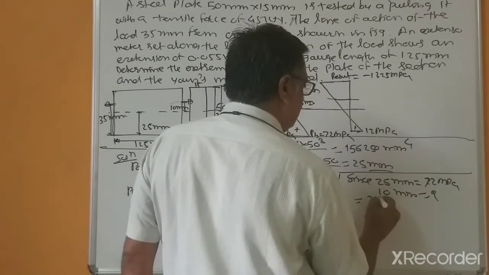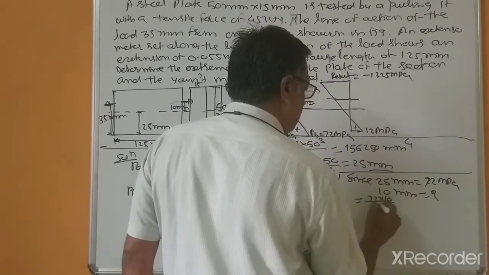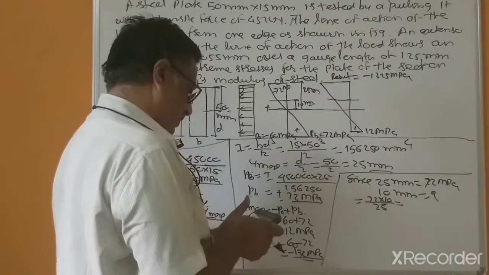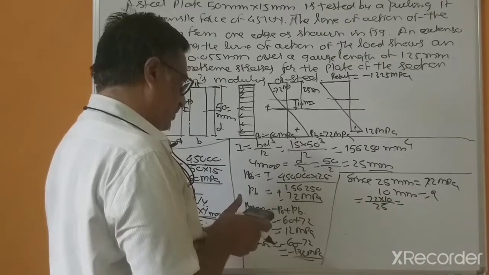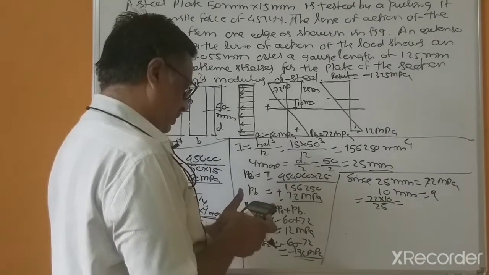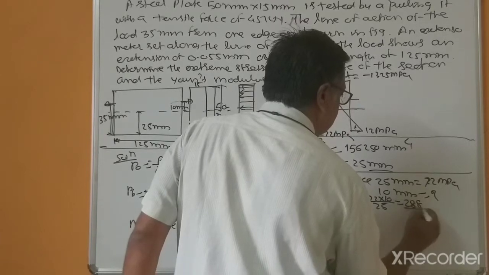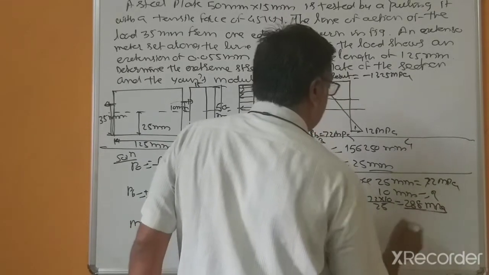So 72 divided by 25, 72 multiplied by 10 by 25, this is 28.8 megapascals.